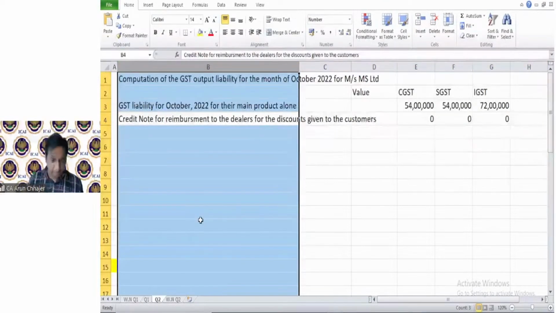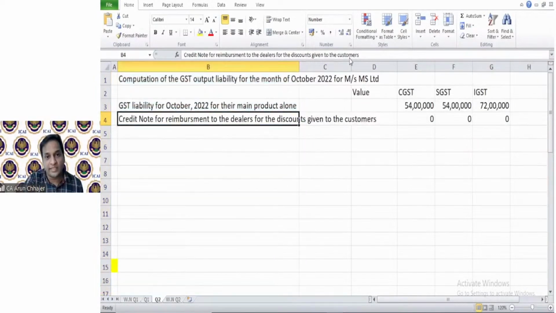Now, this I have to write in the working note, the reason for the same.